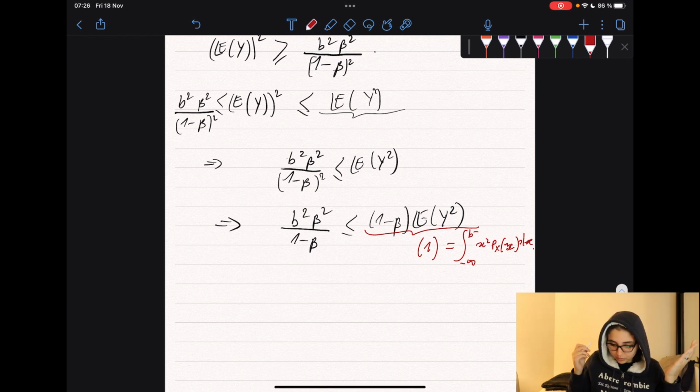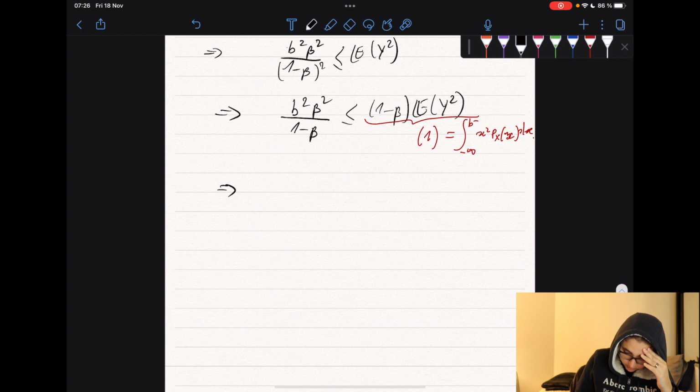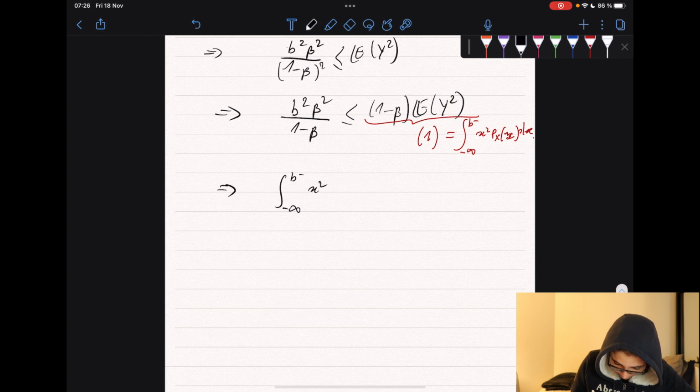And this is what we wanted to show, and so let's write the final conclusion on this: the integral from minus infinity to b has a lower bound, that is what we have just shown.